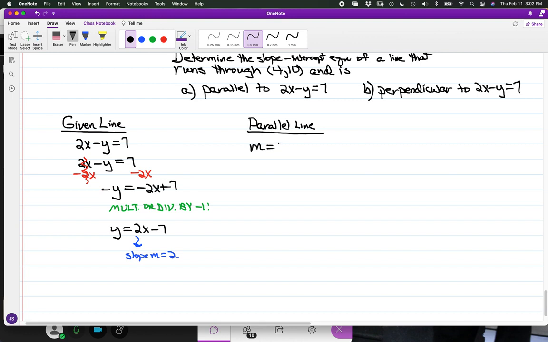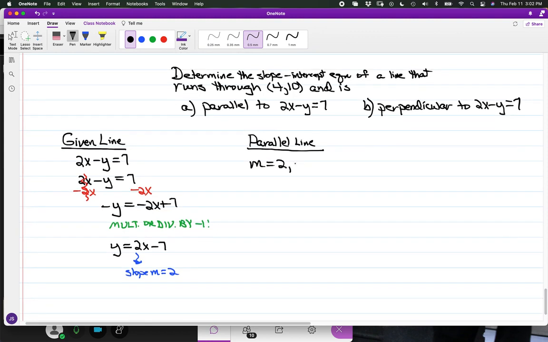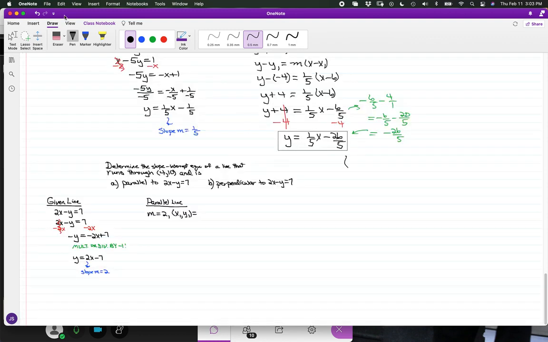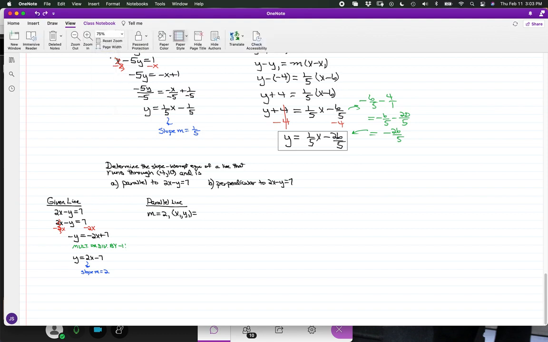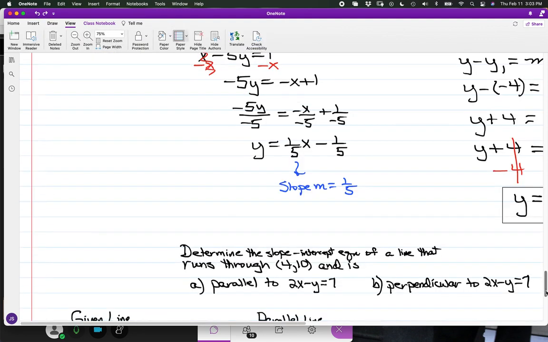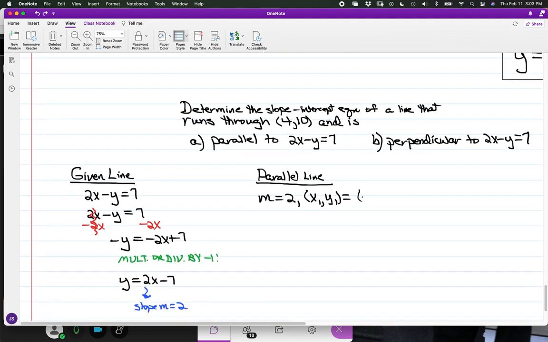So the slope is equal to 2, and the point through which the parallel line passes is (4, 10). With the point-slope setup, you have y minus y1 is equal to m times the quantity of x minus x1.